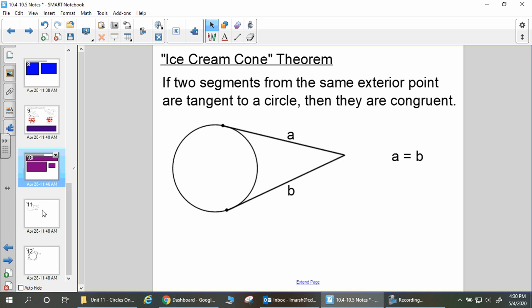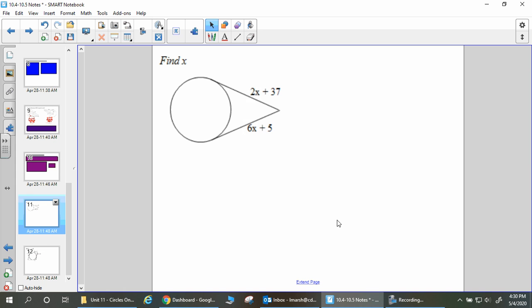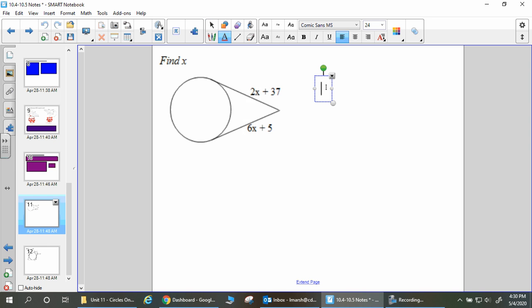So if we look at an example, here is my example. I've got these two segments. If those are tangent, then that means that 2x plus 37 has to equal 6x plus 5, right? And so we want to solve for x. We're going to subtract our 2x from both sides. That's going to be that our 37 is equal to now 4x plus 5.